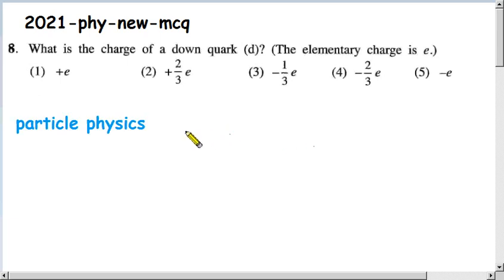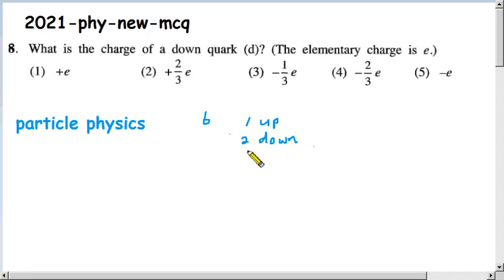So children, you must have learned the lesson called particle physics. There we learn that there are 6 types of quarks. One is called up quarks, the other is called down quarks.